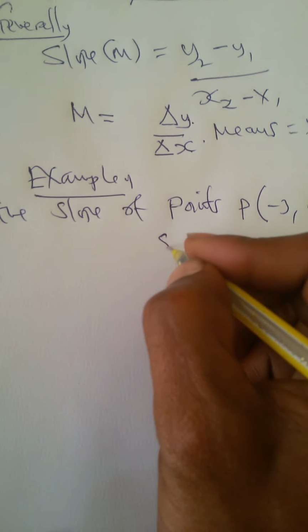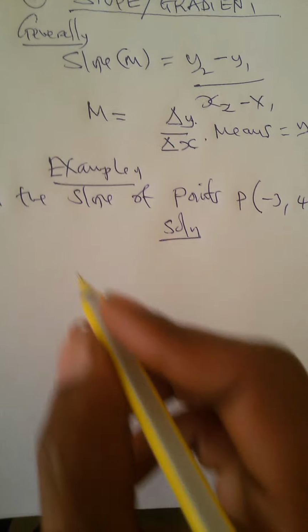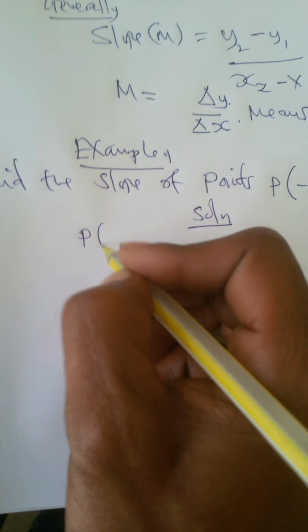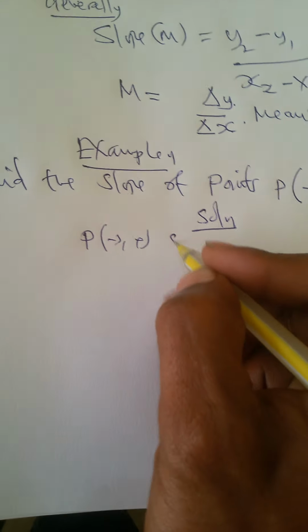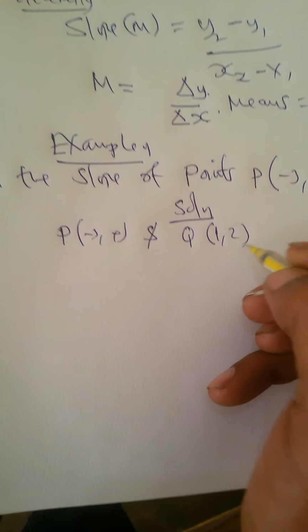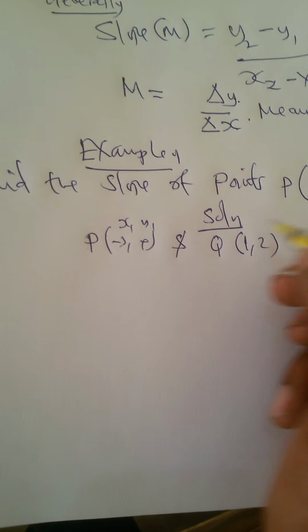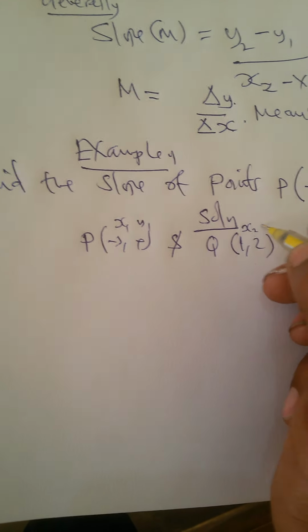So we write the solution. Then we have point P equal to negative 3, 4, and point Q equal to positive 1, 2. This we call x1, y1, and this we call x2, y2.